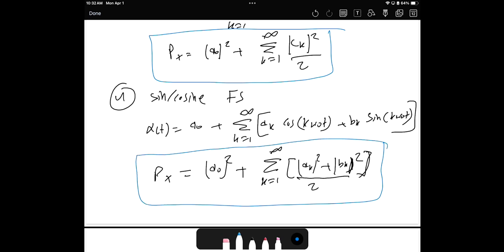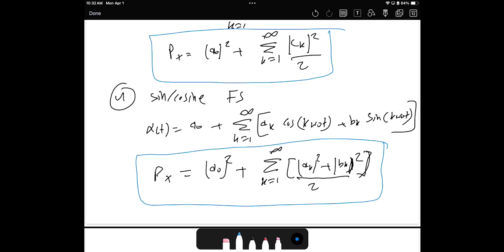So we have 4 ways of calculating the power of that signal. The power of the signal can be computed in the time domain, similar to the average: 1 over T, the integral from 0 to T of x squared of t. Or in the frequency domain we have 3 different ways, depending on your available Fourier series. If you have sine cosine, it will be a naught squared plus the sum of a squared plus b squared over 2.